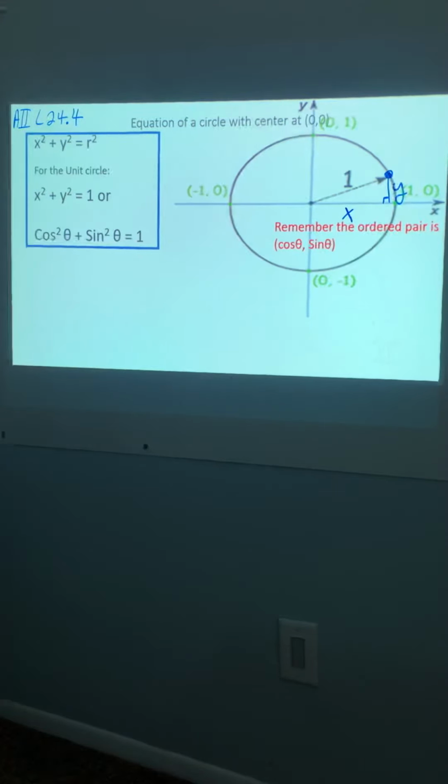It's kind of weird how they have it written. They have the trig function squared then the theta, but it still means you take these values and you take them to the second power, and then it'll equal 1.